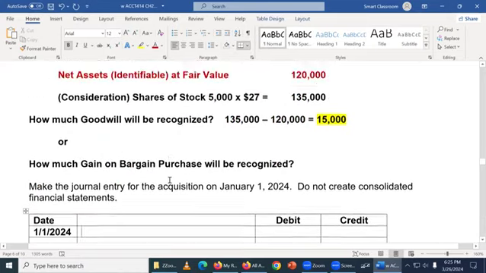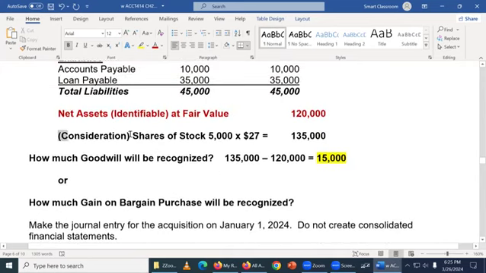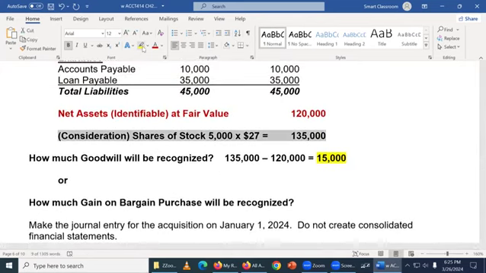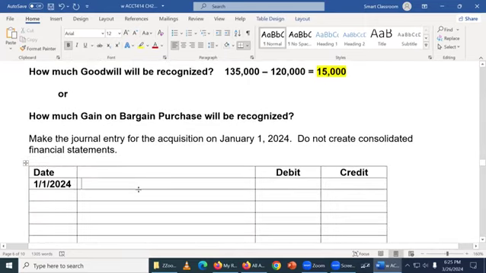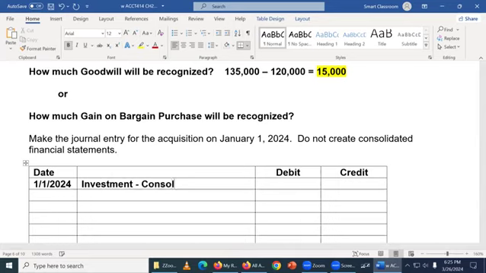We would have an investment on our books for what we gave them. Even with consolidated entries, they'll virtually always use the equity method.